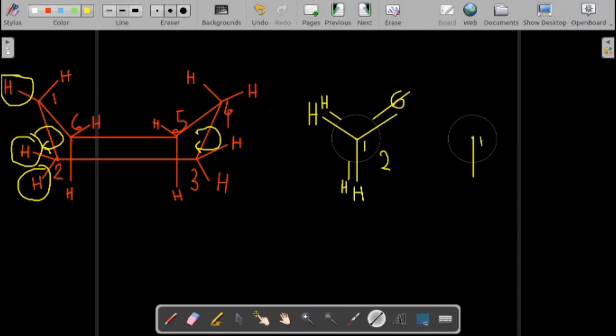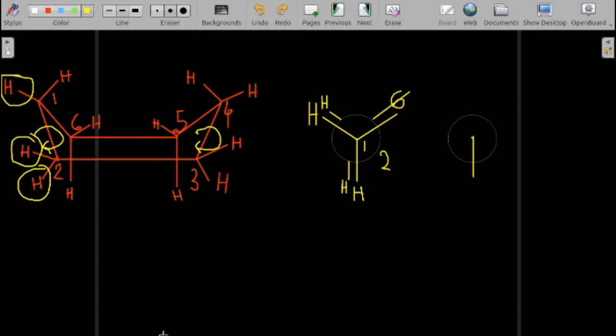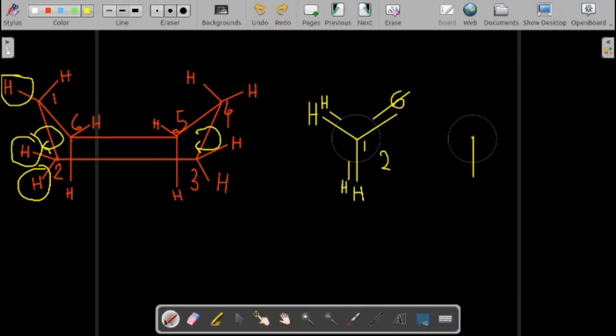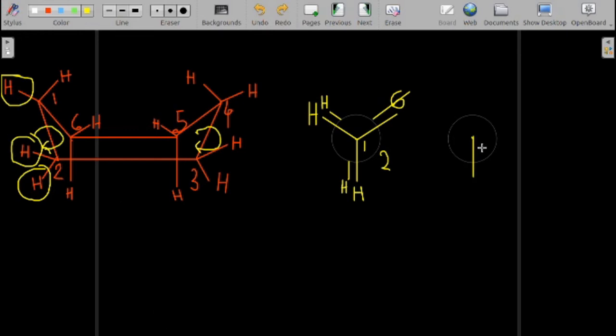This is the carbon C3, and opposite that carbon there will be another carbon, which is C4. For the C3 carbon, this axial hydrogen is at this position.